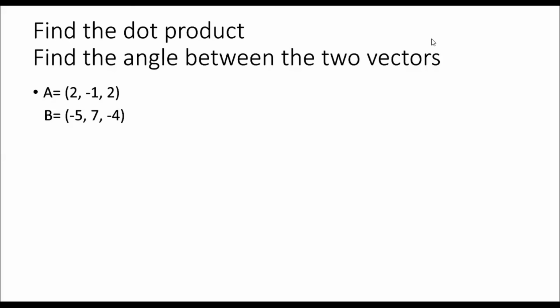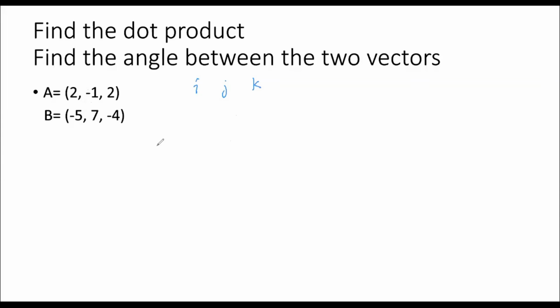Okay, let's now try these ones. Find the dot product and find the angle between the two vectors. So we have again A and B. It's up to you if you want to write it in IJK form, but you can just do it directly. So let's try to be much faster now.